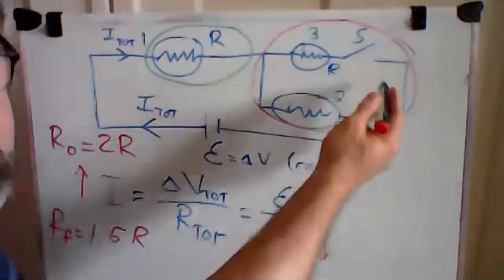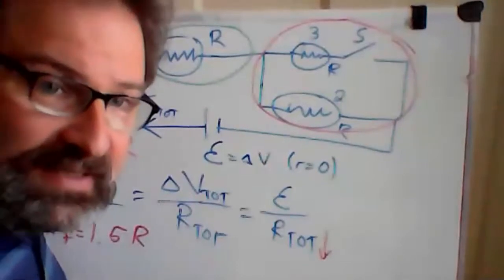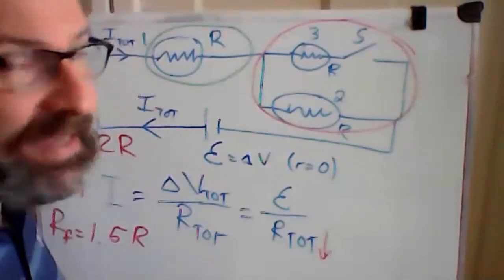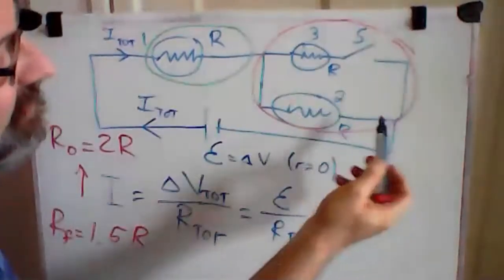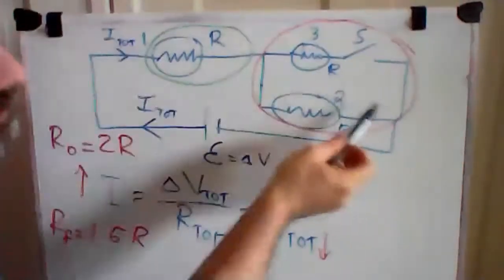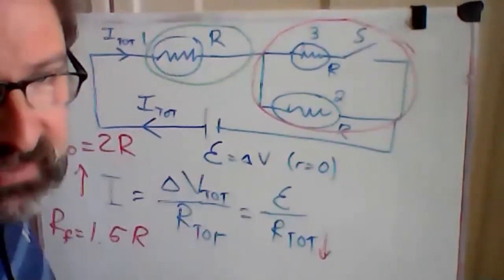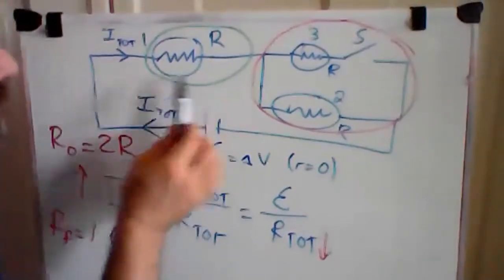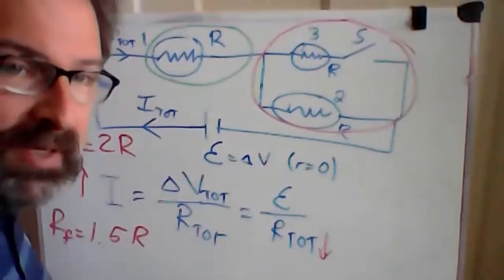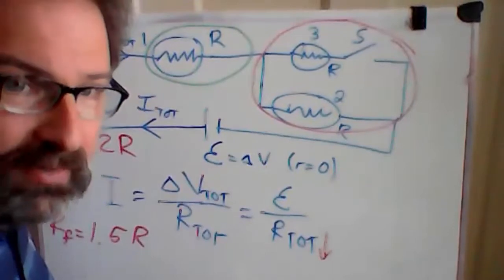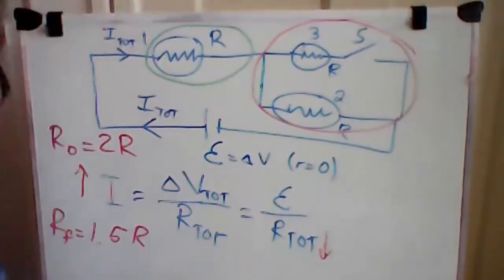So once the switch is closed, then the overall resistance of the second circuit element has decreased. This second circuit element has half the resistance now, decreasing the overall resistance of the circuit. Therefore, the total current has increased. All the current flows through the first resistor. Therefore, that resistor, that light bulb, will shine brighter because more current through a light bulb creates a brighter light. Okay?